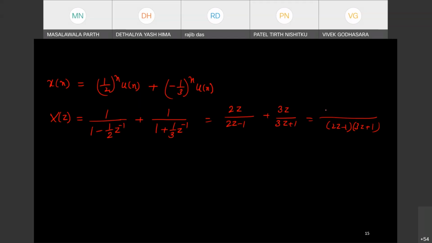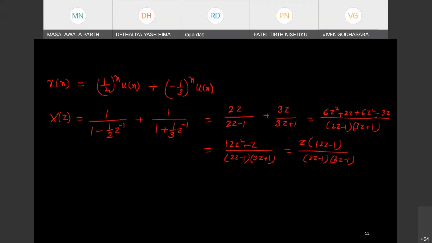And here you can multiply 3 2 is the 6z square plus 2z, and 6z square minus 3z. So if you simplify, you'll see 12z square minus z upon, so this is the product, 2z minus 1 and 3z plus 1. This is your z common. So this is 12z minus 1. Okay, this is the z transform.